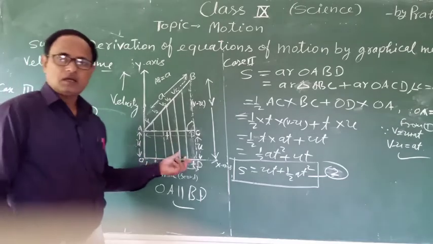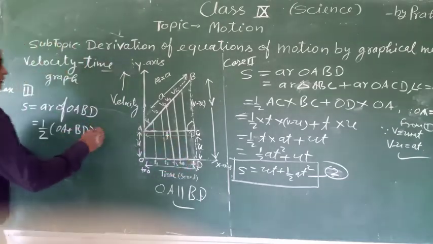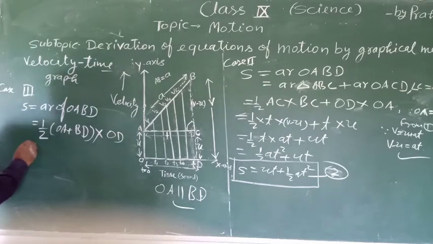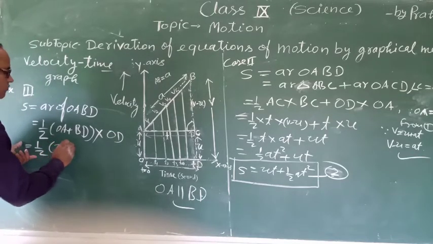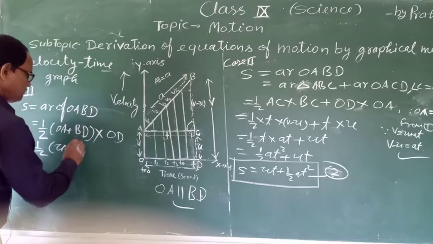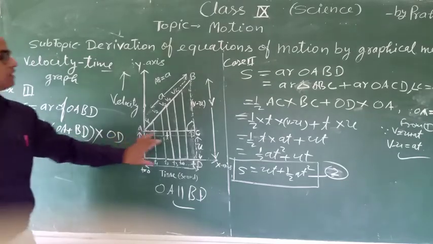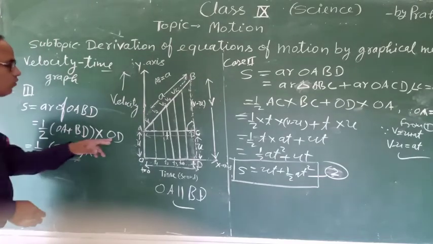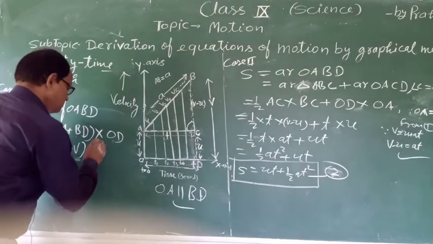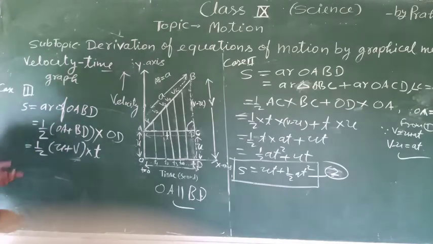OD is the height of the trapezium. Here 1 by 2, OA means u plus BD means final velocity. It is the initial velocity and this is the final velocity. Here we can write OD, OD means t.